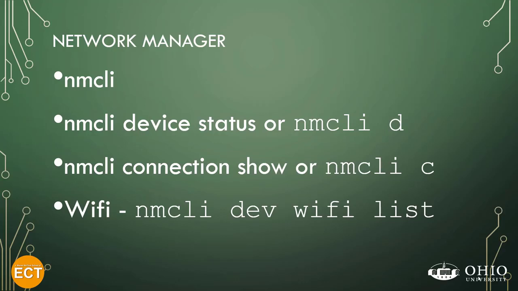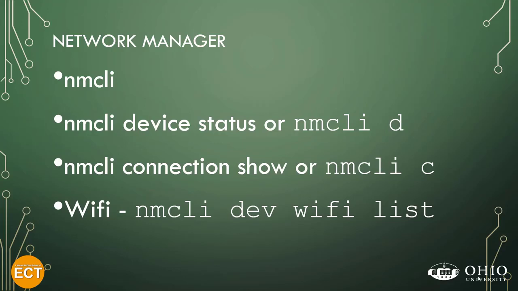The last one I added here is because nmcli is useful when you want to see your list of Wi-Fi cards or Wi-Fi devices, and more importantly, networks that you can connect to for Wi-Fi. In a command line environment, apparently it's very difficult to work with the wireless card and all the different wireless parts, and nmcli makes it much, much easier when you want to connect to different networks.